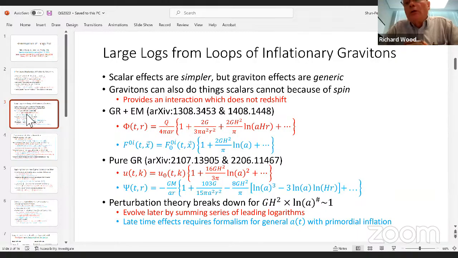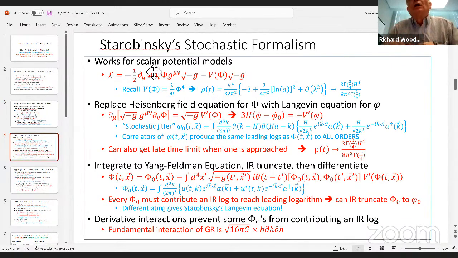Well, that's really something that Alexei and Andrei Linde have worked on much more than I have. But the answer is that as long as there aren't any derivative interactions of the scalar, you can apply this formalism even to the case where it's the inflaton.